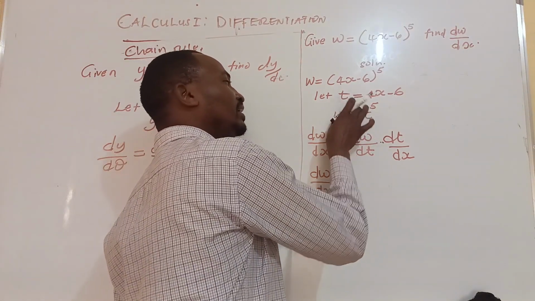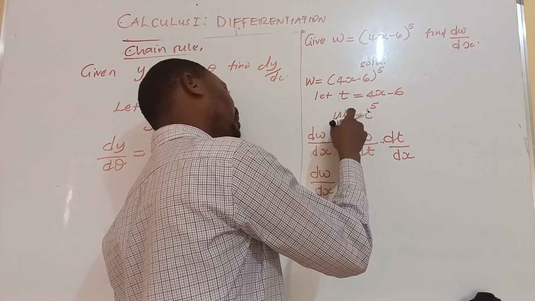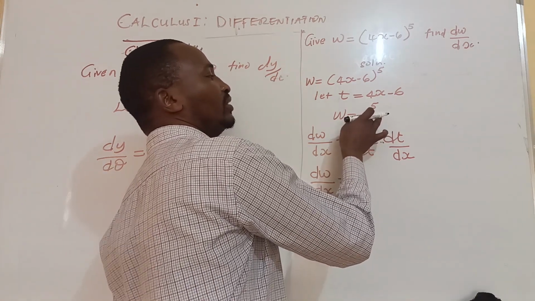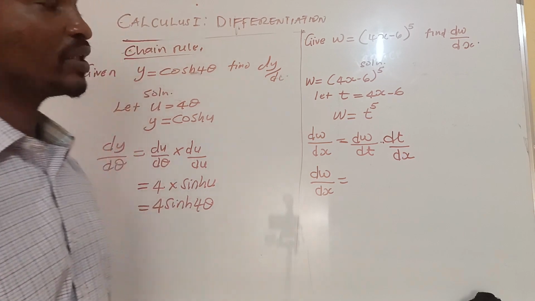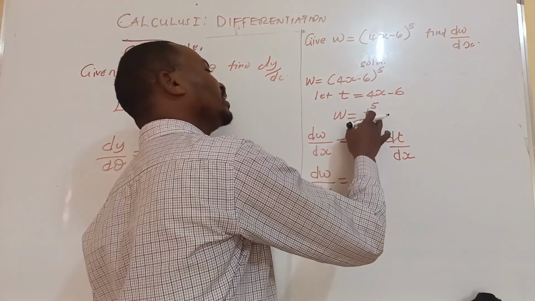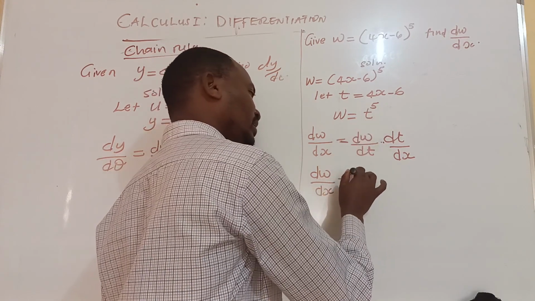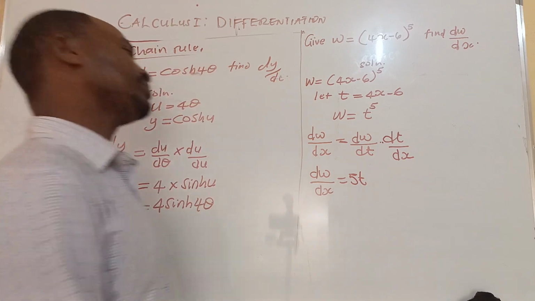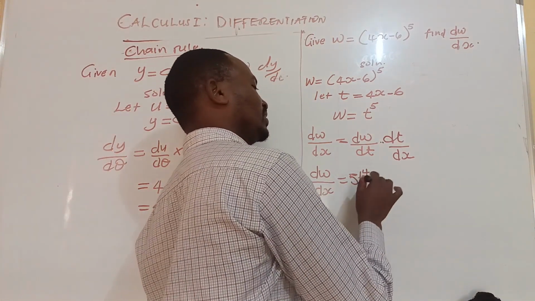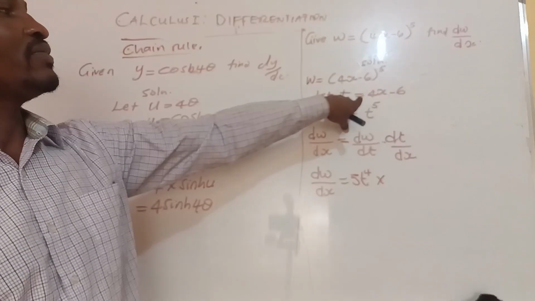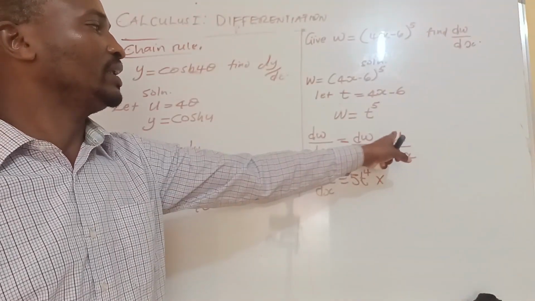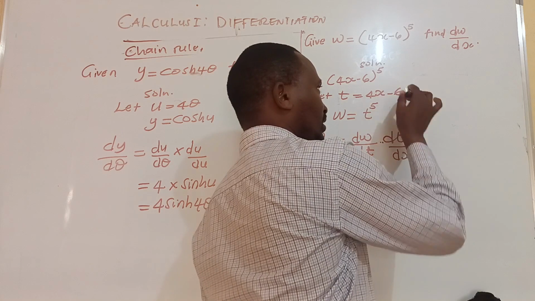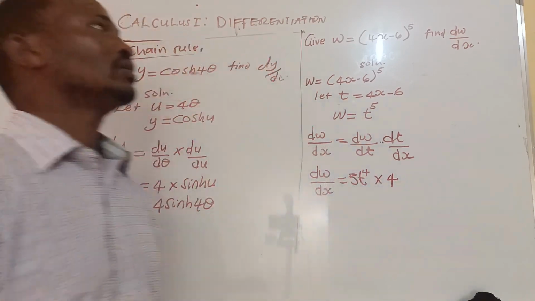now you differentiate both sides. Now you differentiate w with respect to t. Notice, because we are differentiating with respect to t, when you differentiate t to the power 5 with respect to t, it will be 5 t to the power 4, times, differentiating t with respect to x, dt dx, which is 4.